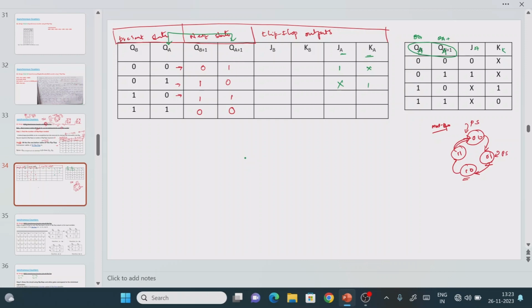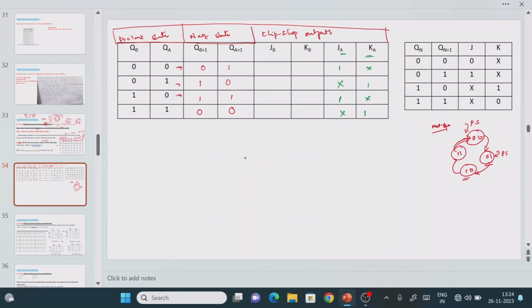So 0 1 means 1 cross. I am writing here the 1 cross value. Once it is done, what is the final value of QA plus 1? 1 0, right? 1 0 means the answer is cross 1, so you just write the cross 1. Like that we need to find out the JA KA value based on the present state of QA and the next state QA plus 1.